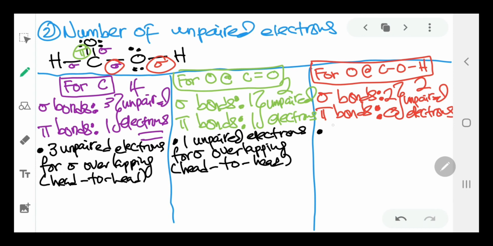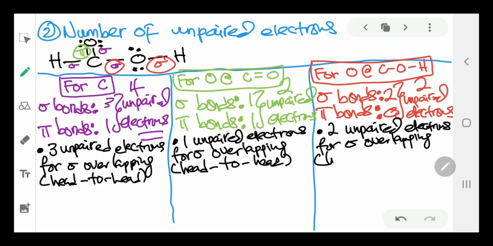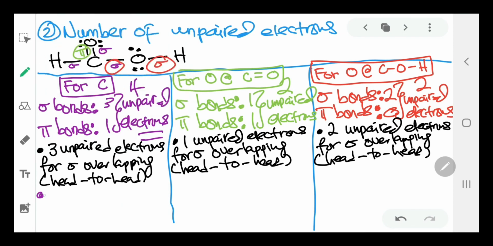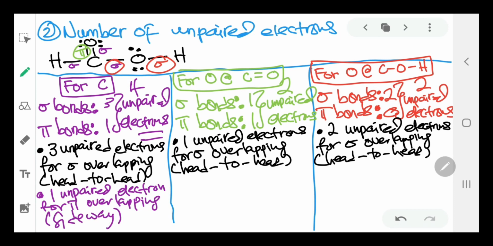Over here it needs to have 2 unpaired electrons for sigma overlapping, head to head, and 1 unpaired electron for pi overlapping, sideways.